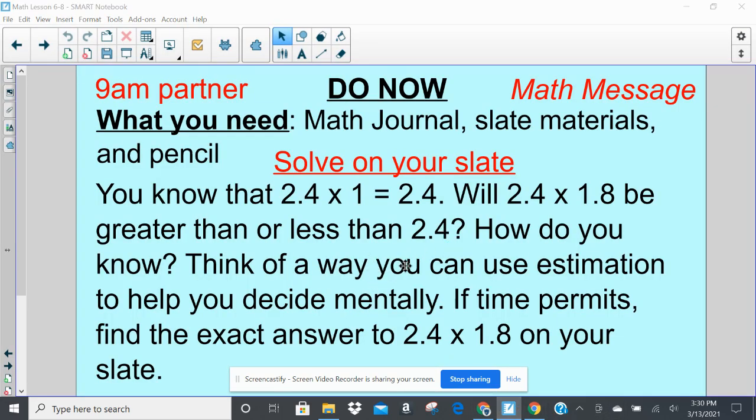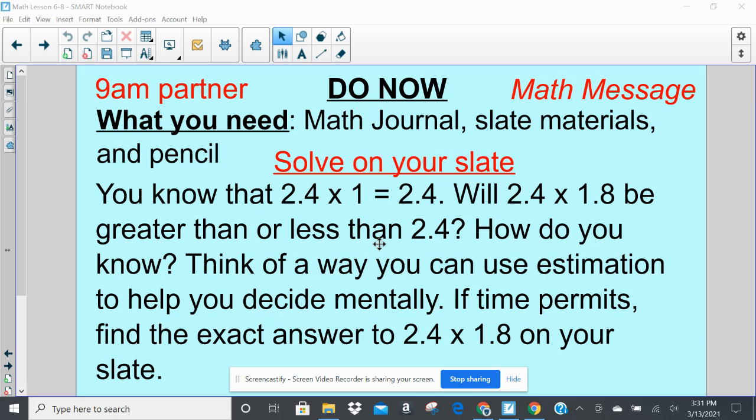So, given the problem here, you know that 2.4, or 2 and 4 tenths, times 1 is 2 and 4 tenths. Will 2 and 4 tenths times 1 and 8 tenths be greater than or less than 2 and 4 tenths?